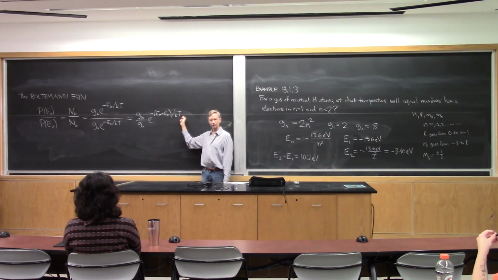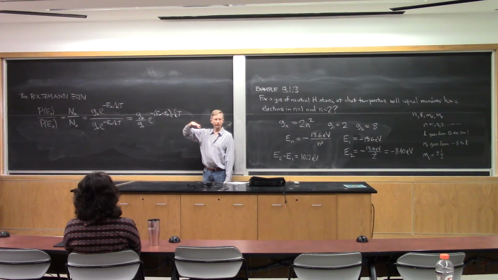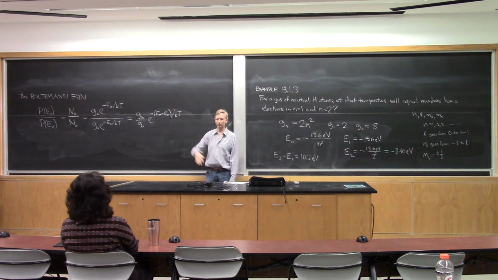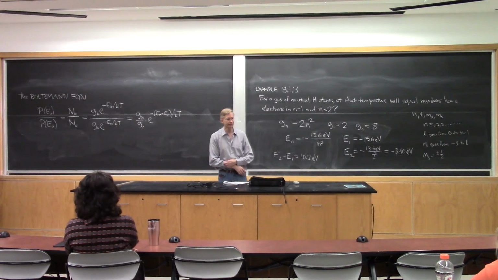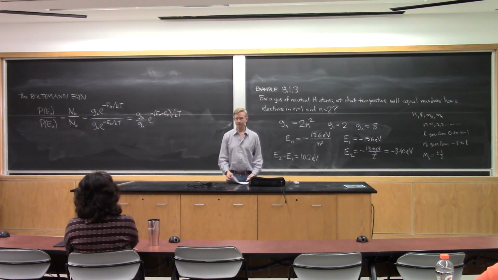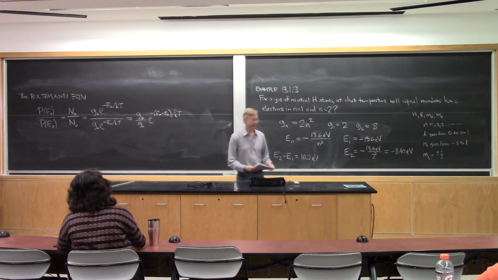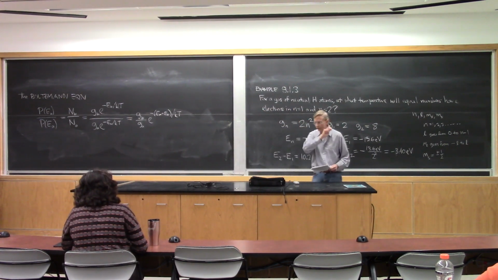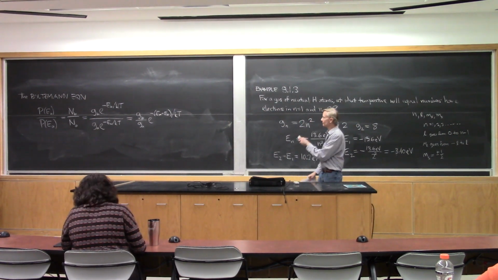The higher the temperature, the bigger this ratio becomes. So the question is, at what temperature do we get a situation where there would be just as many in n equals 2 as there are in n equals 1? That's what we're asking. How hot does it have to be to make that happen? All right, so that's our goal of this problem, to see what temperature makes this happen.